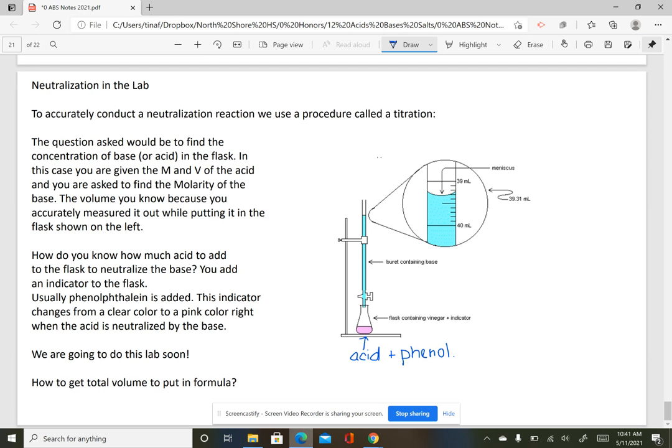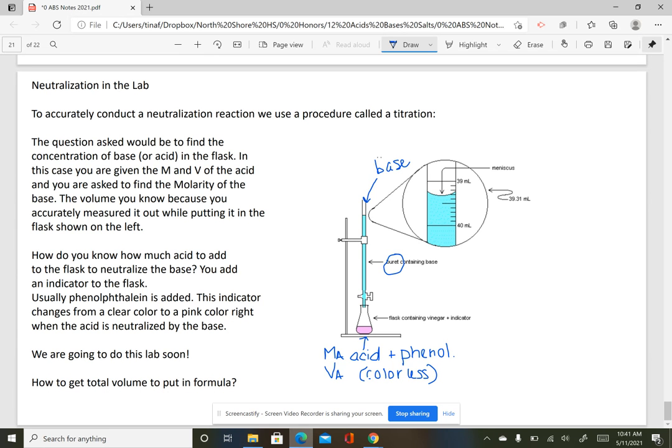If phenolphthalein is in an acid, it should be colorless. Then this is called a burette, and we fill this burette up with base. Just to keep in mind, guys, we know the molarity of this acid and we know the volume of the acid that we put in this flask. So that's all stuff that we know.